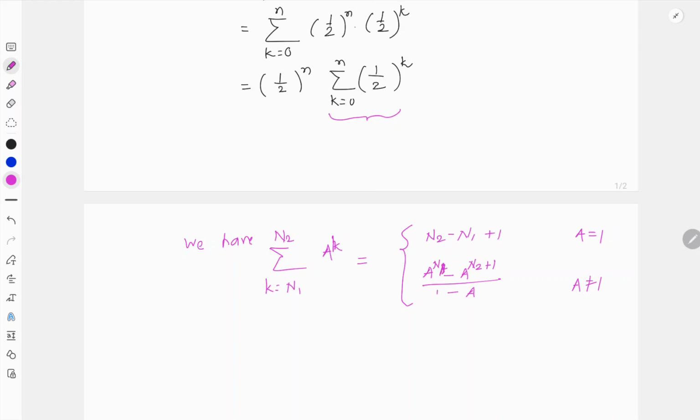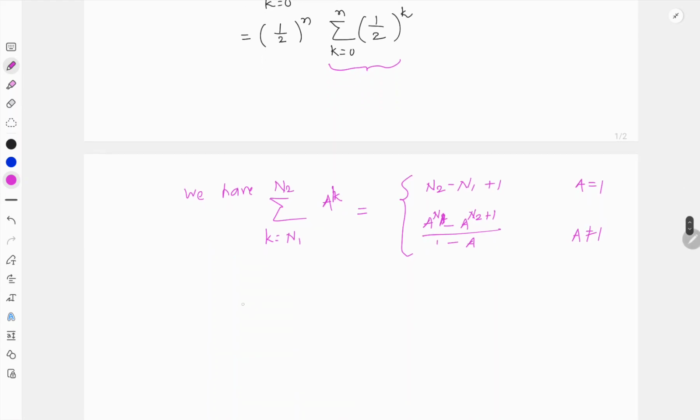So if we use this formula, with this equation we can find out the final solution. Now this 1 by 2 in our equation of y of n, 1 by 2 raised to n will be as it is, and in this summation our capital A is 1 by 2, so we have to use the second condition, a not equal to 1.